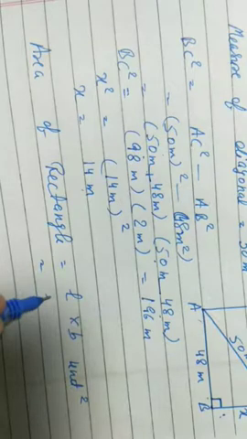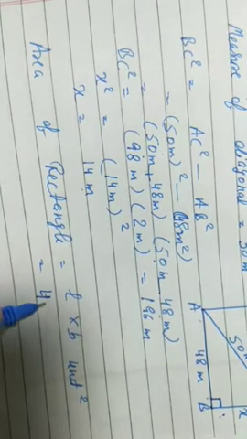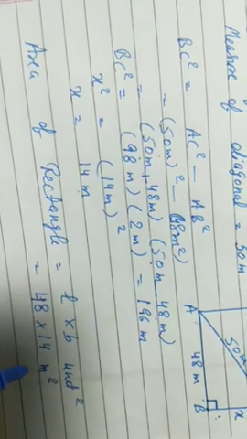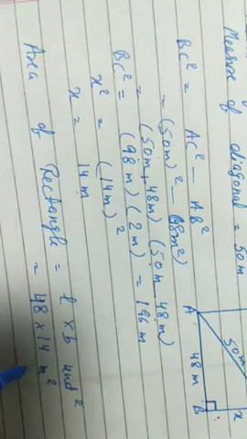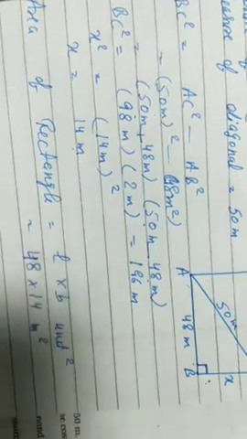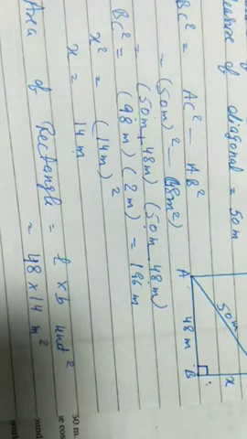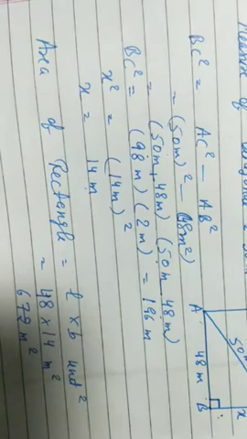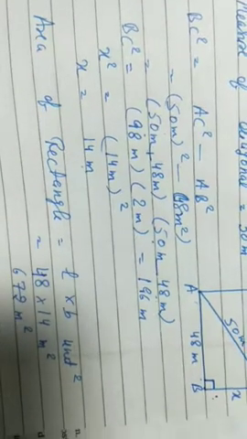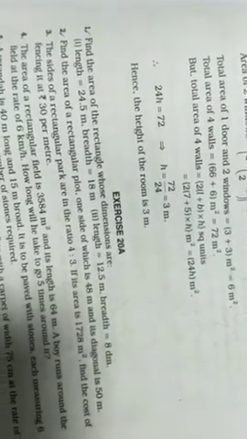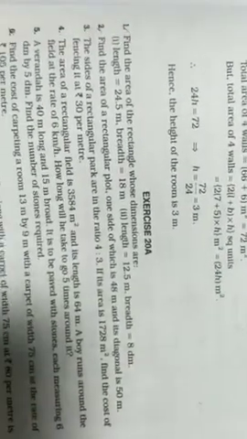Yes, how much? 48 into 14 meter square. 48 into 14 is equal to 672 meter square.